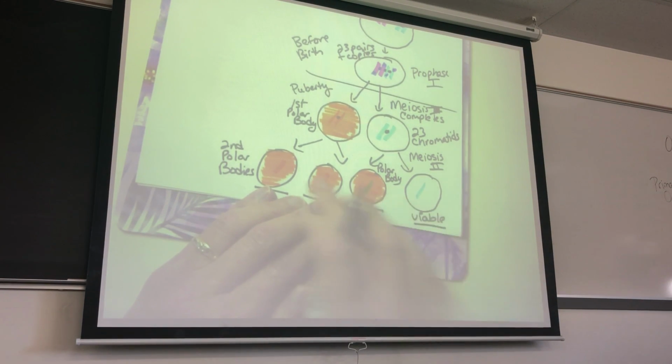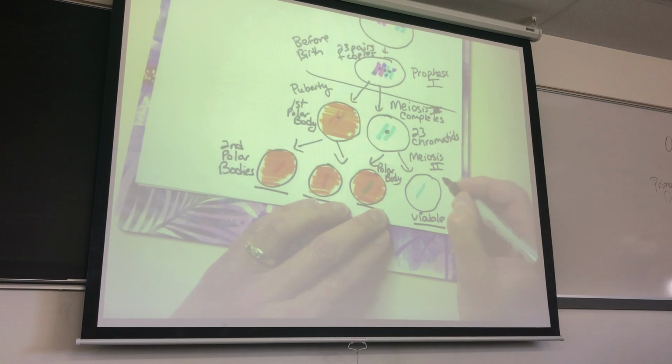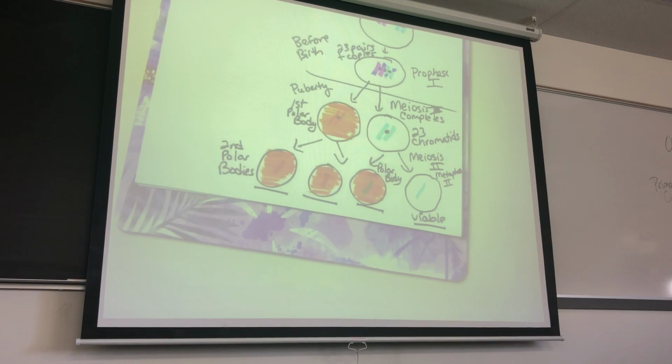Now we never really got this far because in meiosis 2 we're just stuck in metaphase 2. So that's a viable secondary oocyte? Yes. Okay. Yep, it's a viable secondary oocyte. And that's what gets released during ovulation.